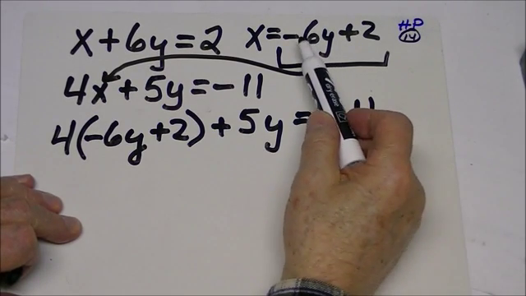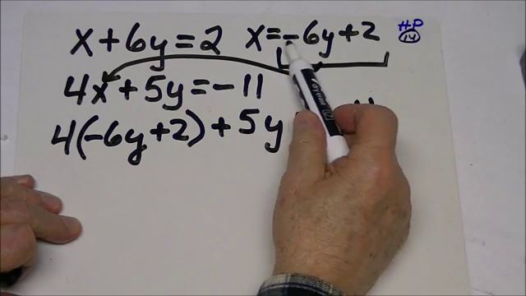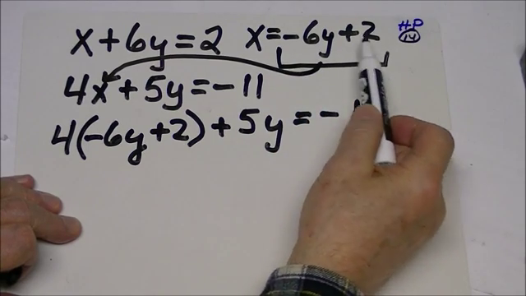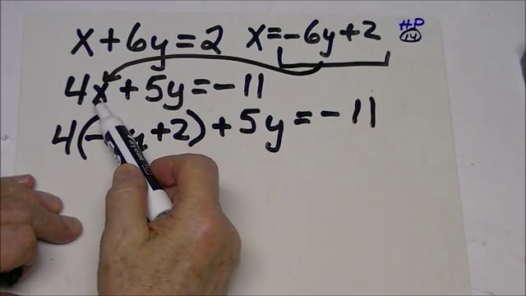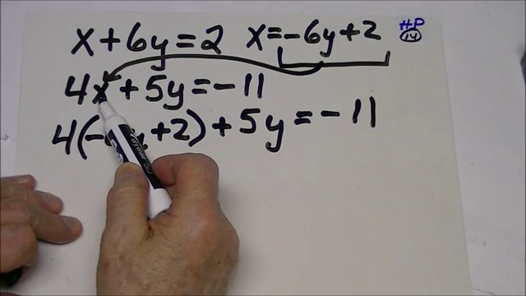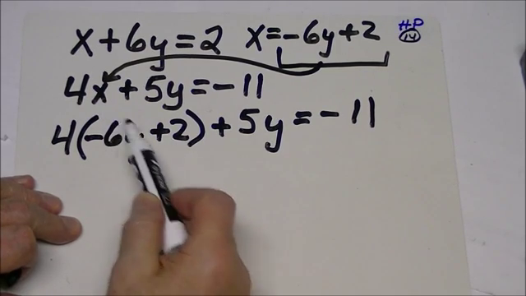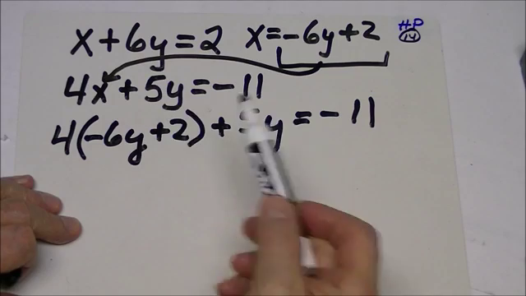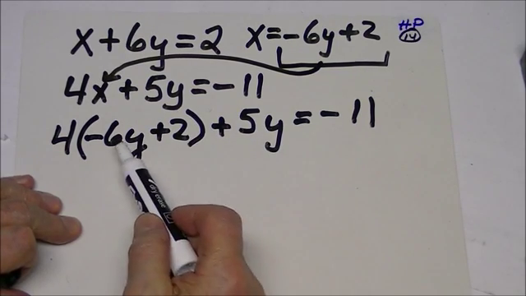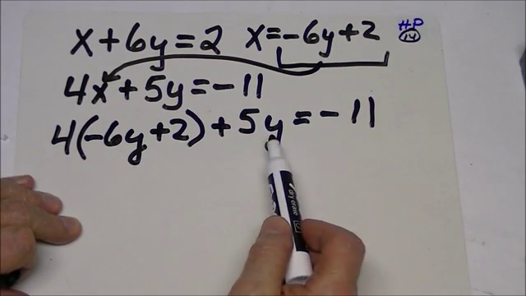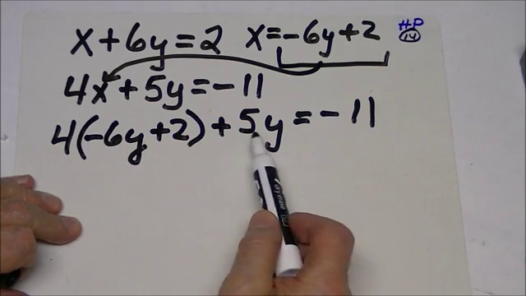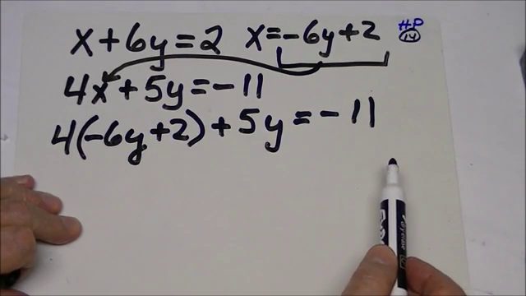So then we took this value for x, brought it to our other equation where the x is, and substituted, and that's where it gets its name from. Now we have just one equation with just y's.